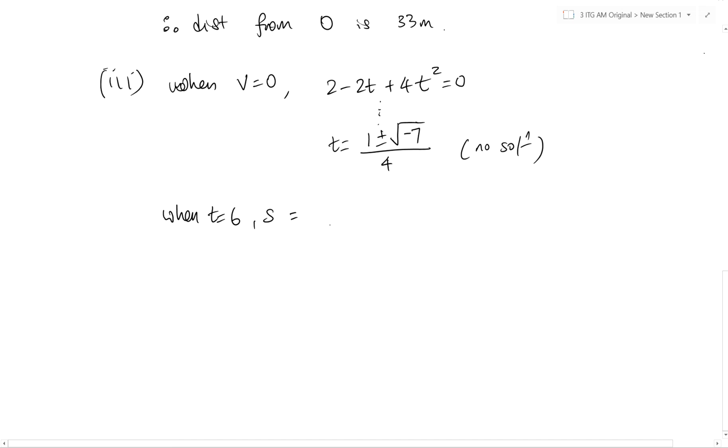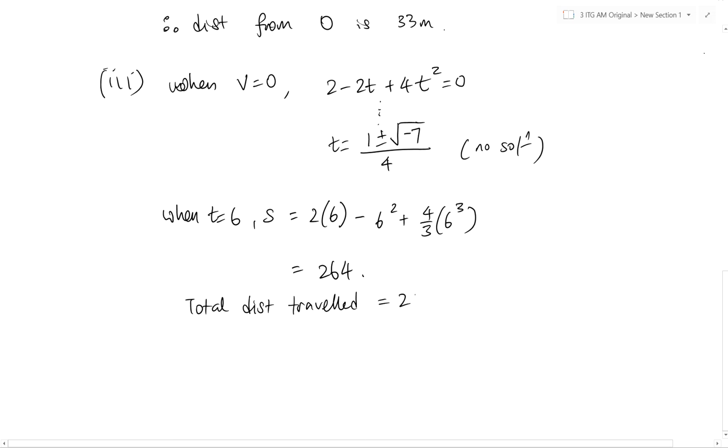The displacement will be 2 times 6 minus 6 squared plus 4 over 3 times 6 cubed, resulting in 264. So total distance traveled is 264 meters.